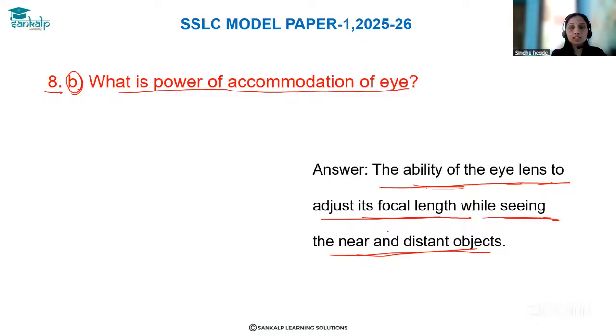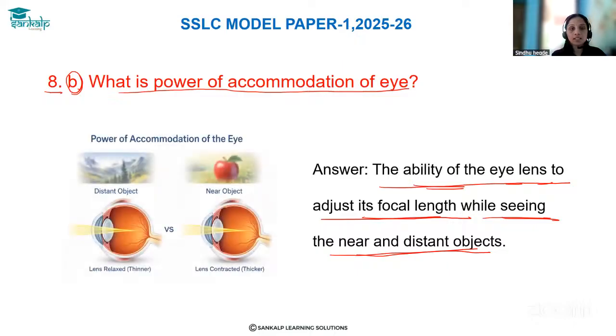See, this is the lens of our eye. This eye lens should adjust. Due to this adjustment, it helps to see objects, whether near or distant. So the ability of this lens to adjust the focal length is very important.